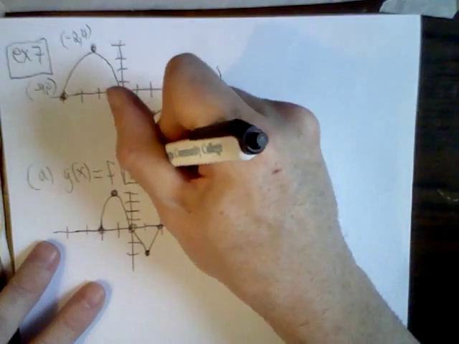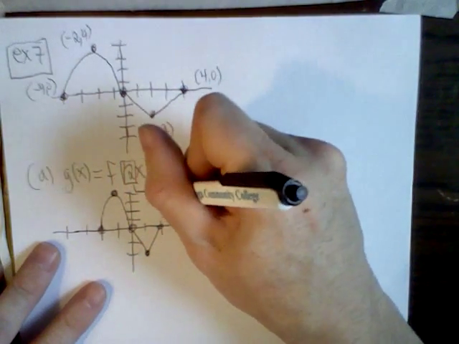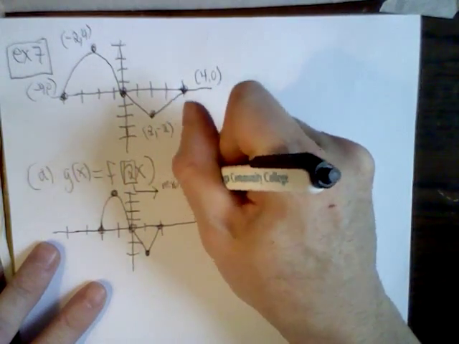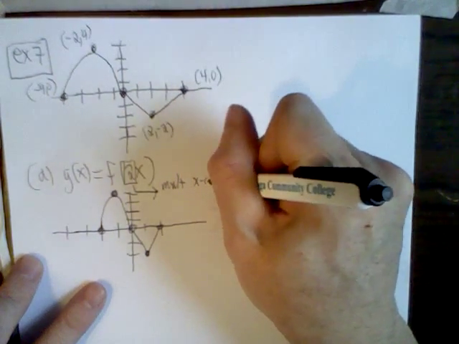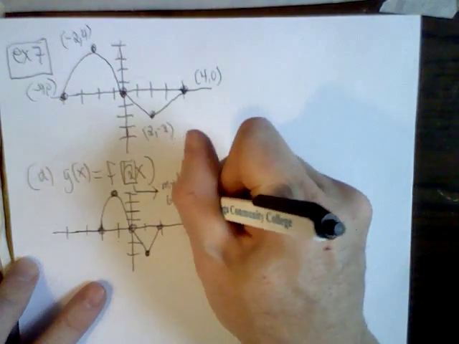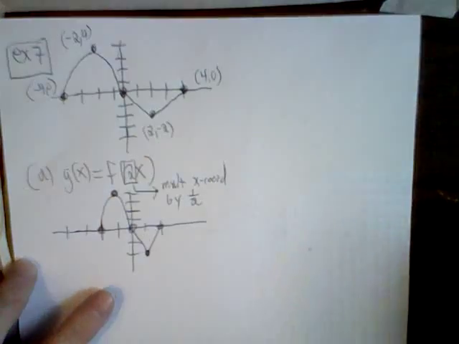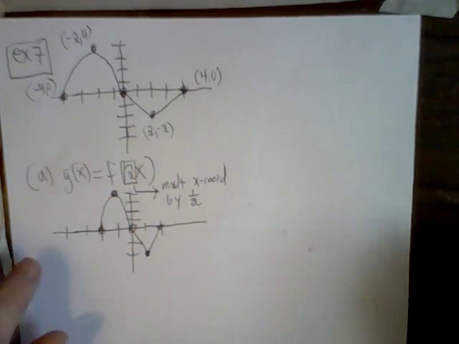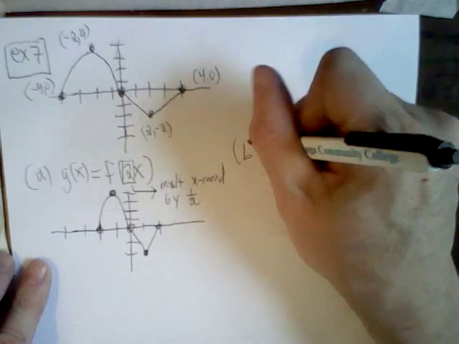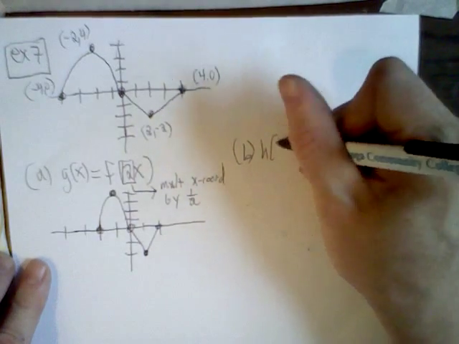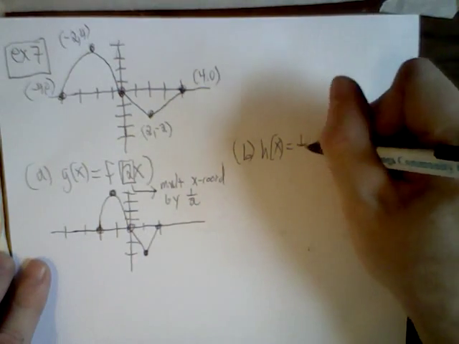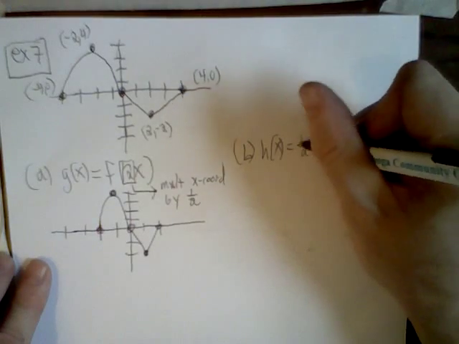And again, what's this thing doing? You're ending up multiplying the x coordinate by a factor of 1/2. Okay. Part B, then, they want us to figure out h of x equals f of 1/2 x.